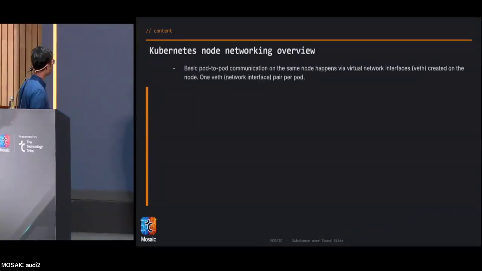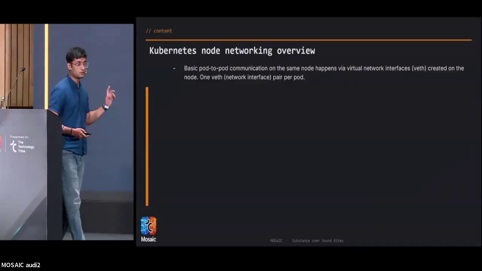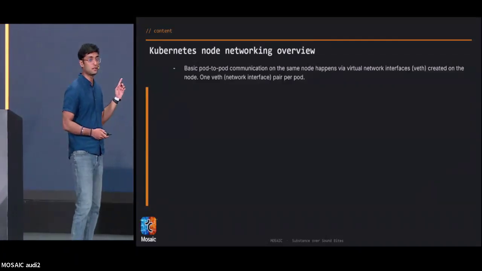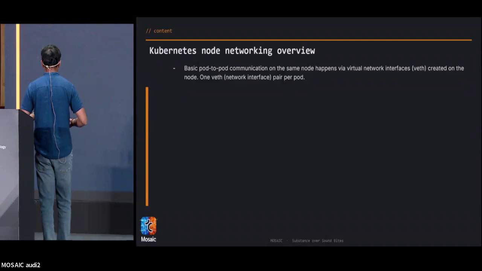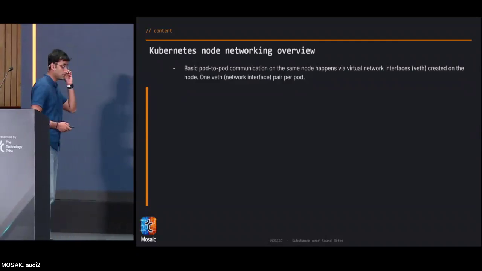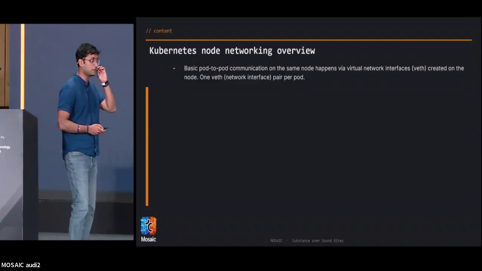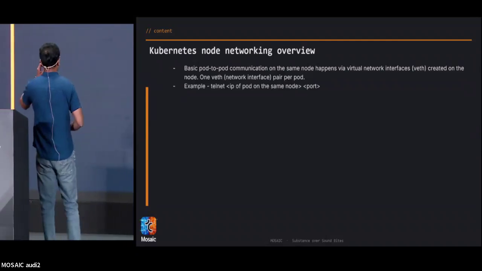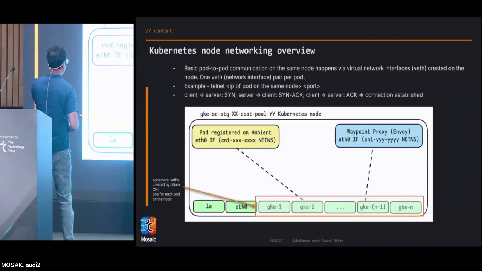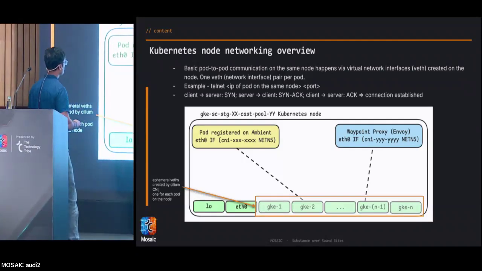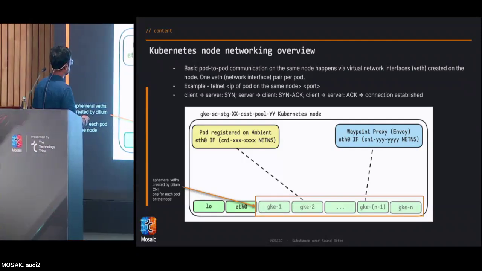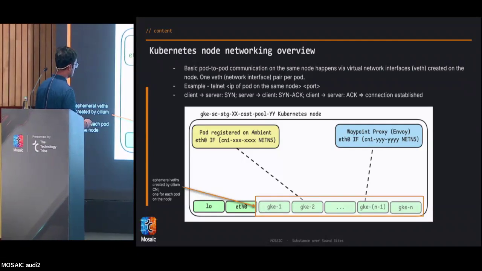So before we deep dive into this, let's talk about Kubernetes node level networking. Pod-to-pod communication essentially happens via a network interface pair in GKE, and in Kubernetes as well if you're running Cilium. It looks something like this: you have a Kubernetes node, you have this pod, and there's a network interface pair.